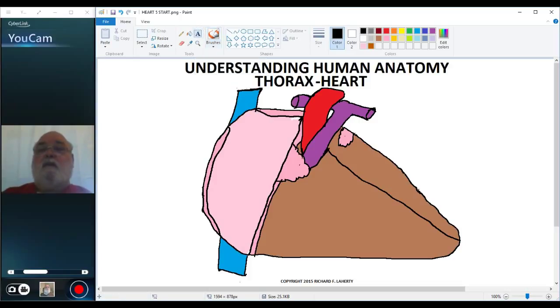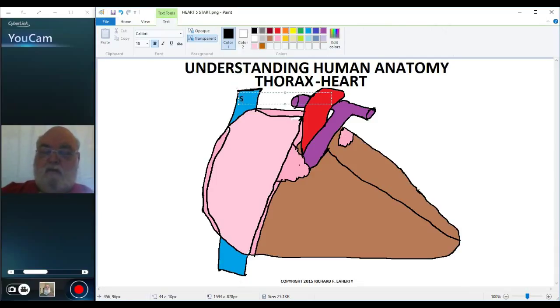And let me put our labels in here. Superior vena cava and inferior vena cava.